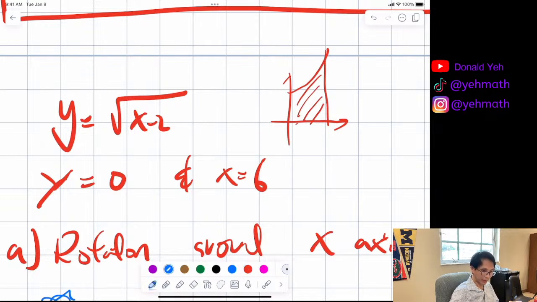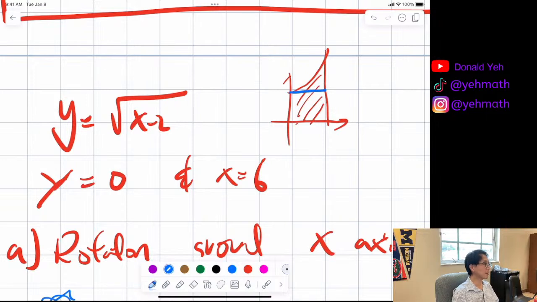But usually you had to cut it into 2 sections, because there's a washer method on the top portion and a disk method on the bottom. But if you can do it with shell, that means you only have to do one integral. So shell finds the same thing, but just a different way.